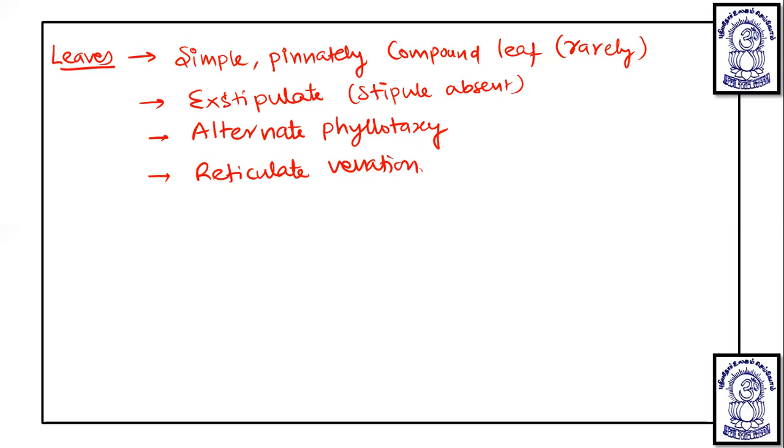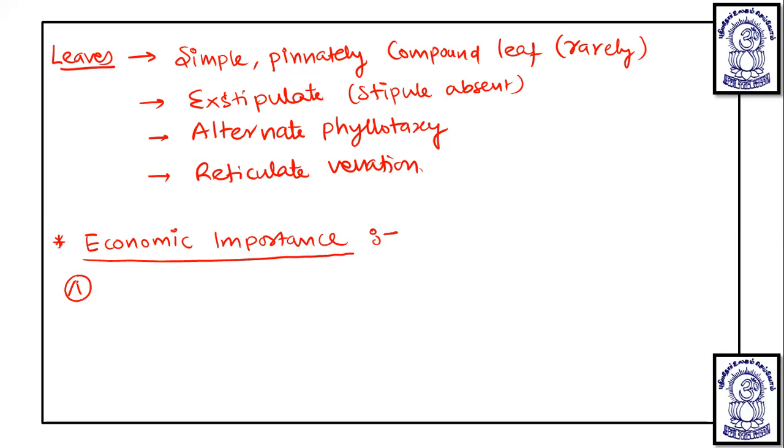Now, after vegetative characters, we talk about the economic importance of the plants of the Solanaceae family. Some are used as food, and in food, the first example is potato. We already know the scientific name, that is Solanum tuberosum.